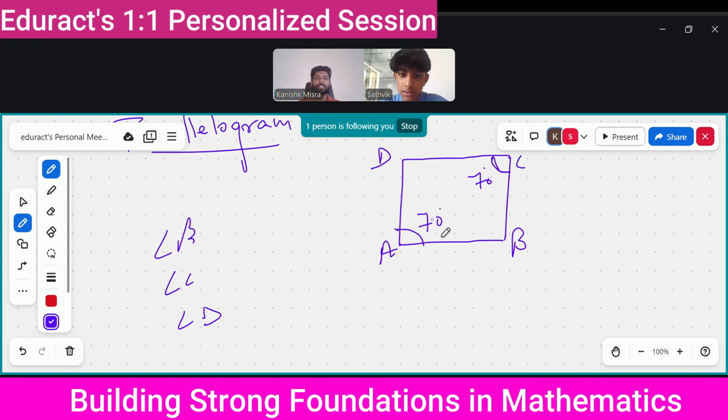So there is another property of a parallelogram that we have discussed, that adjacent angles are supplementary.